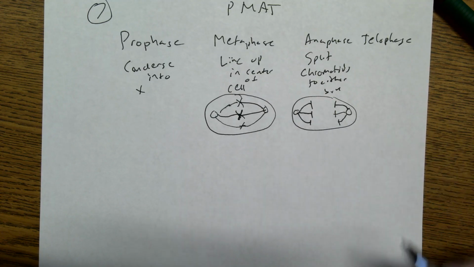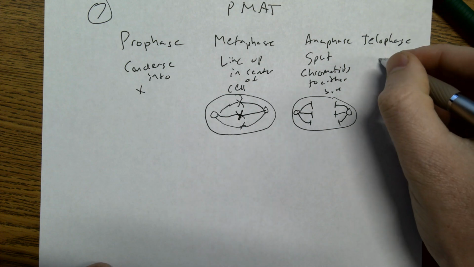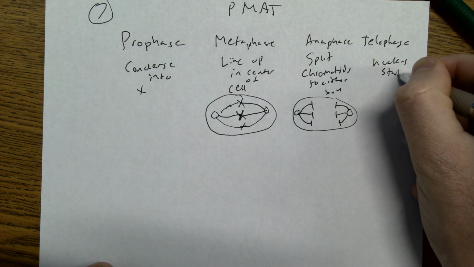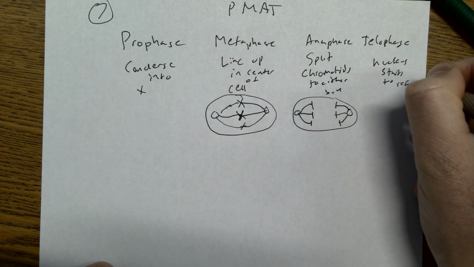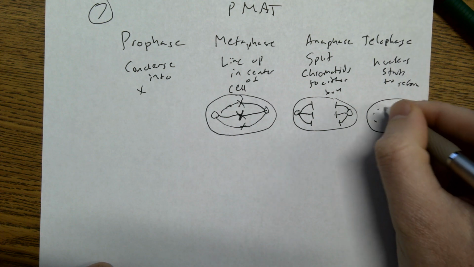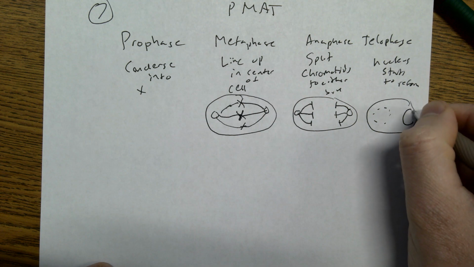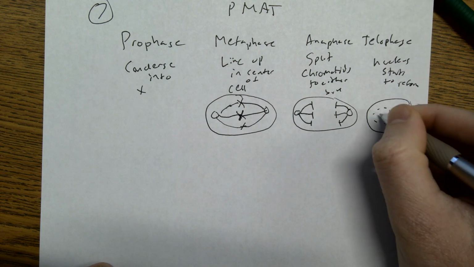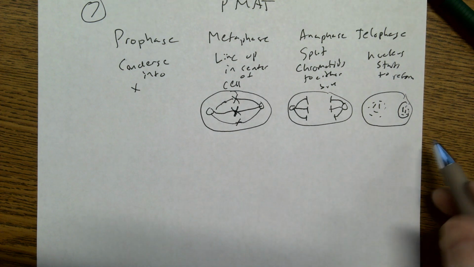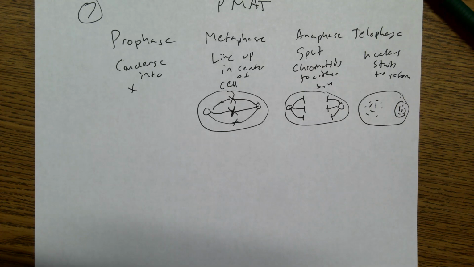So these identical chromatids have been separated. And then in telophase, the nucleus starts to reform. And they start to decondense. And so it looks like this. So the nucleus is starting to reform, and they've been separated.